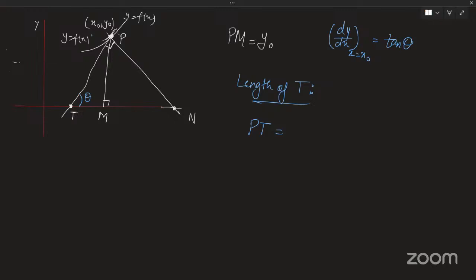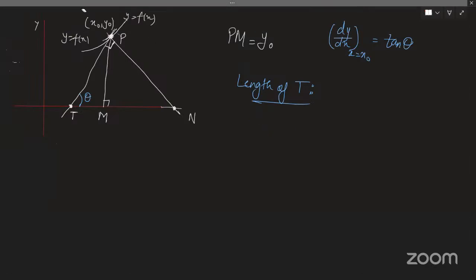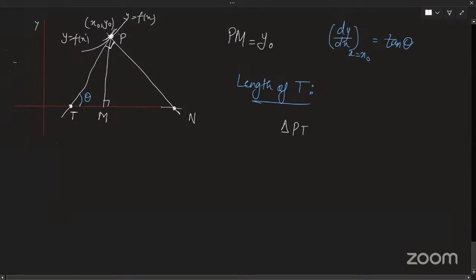So can you write PT in terms of theta and PM? It is mod of PM by sine theta. Do you agree with this? If you are not able to think, let us do it this way.